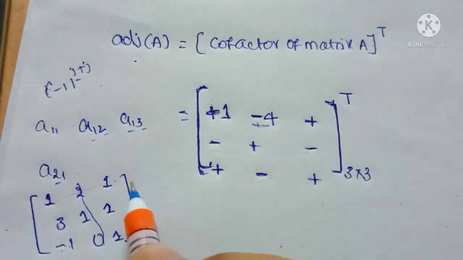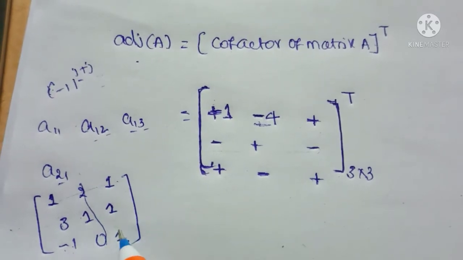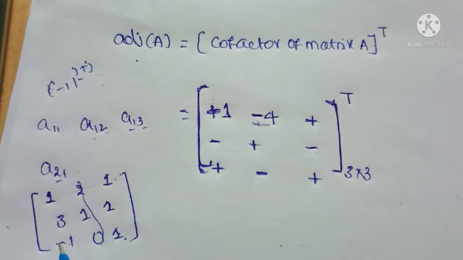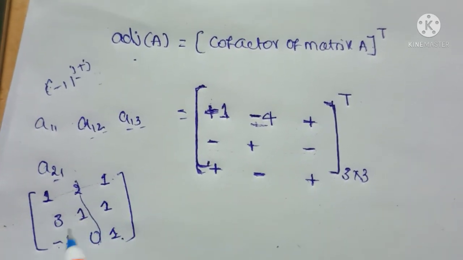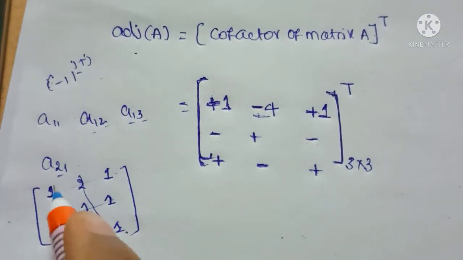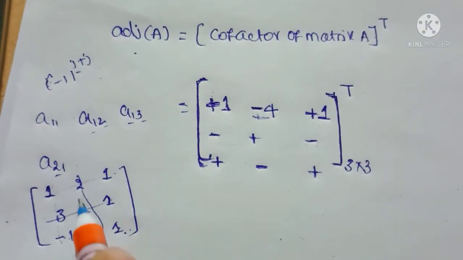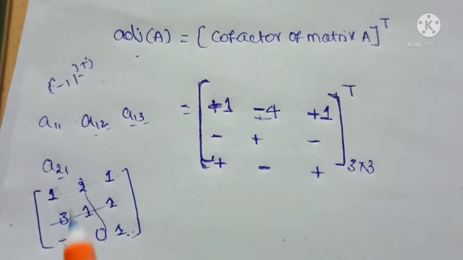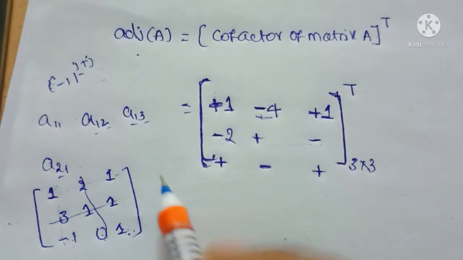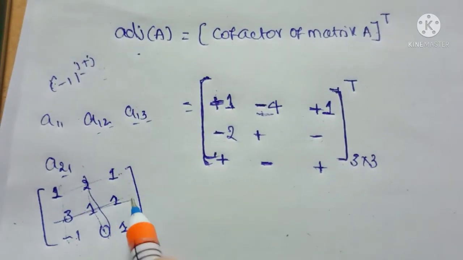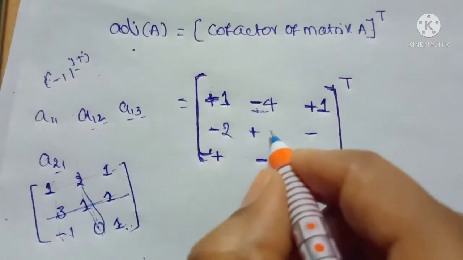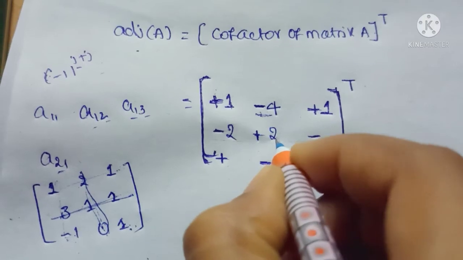Similarly for this, close this column and row: 3 into 0, minus, minus, plus 1 into 1. Here, 2 into 1 is 2, minus 0, so 2 only. And here, closing this row and column, 1 into 1 plus 1 into 1, we get 2.